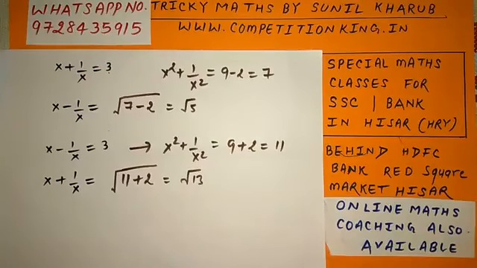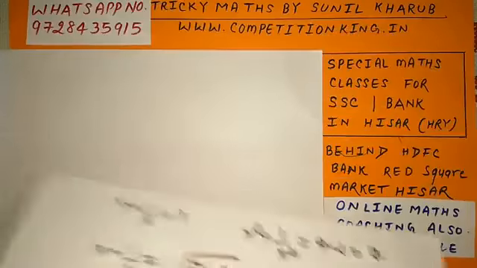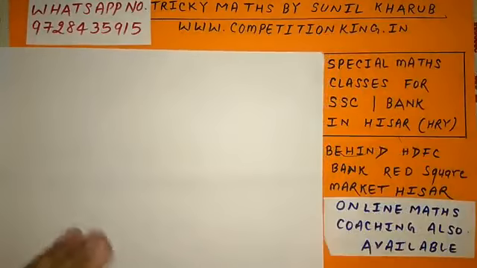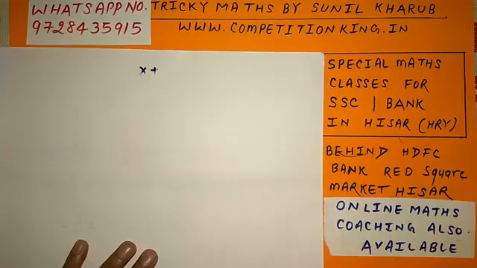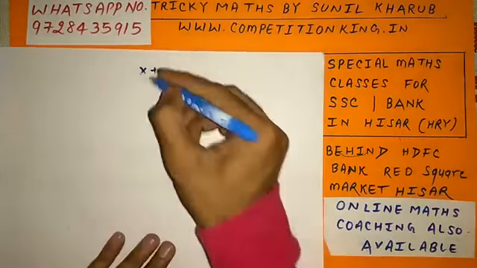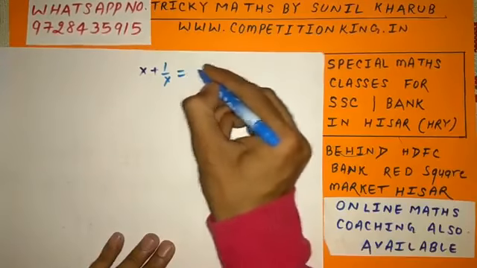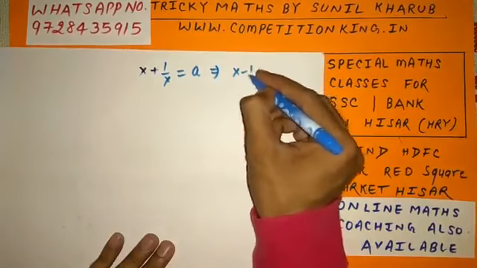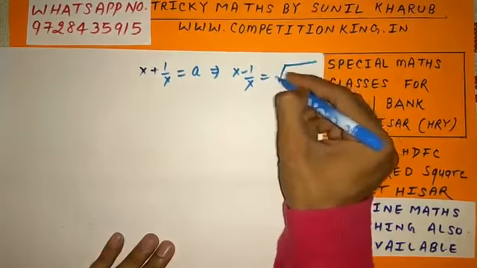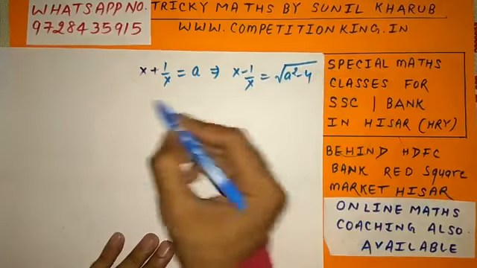But in the exam, due to exam pressure, we will have confusion over it. So we have made a standard trick for it. See what the trick is. The trick says if x plus 1 by x is equal to a, this means x minus 1 by x is equal to root of a square minus 4.